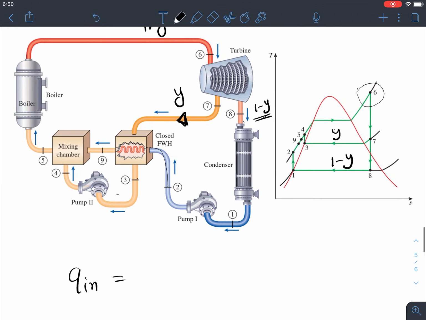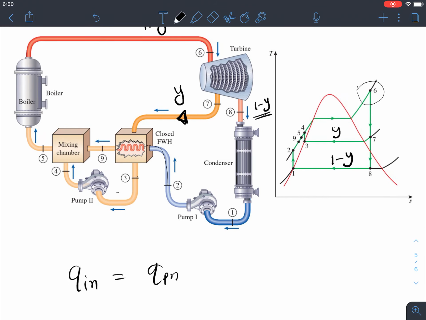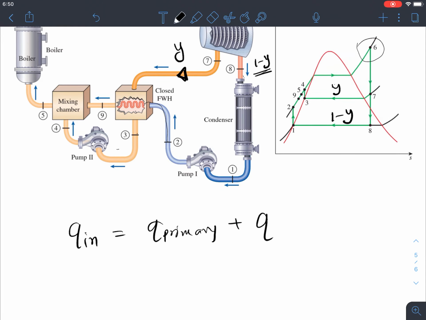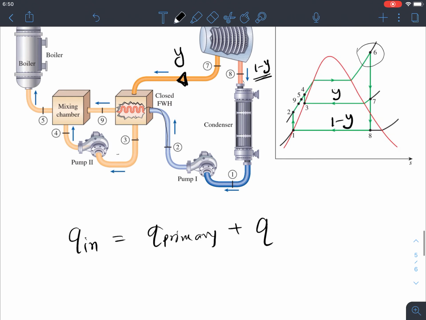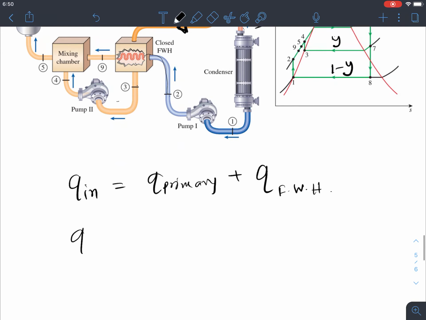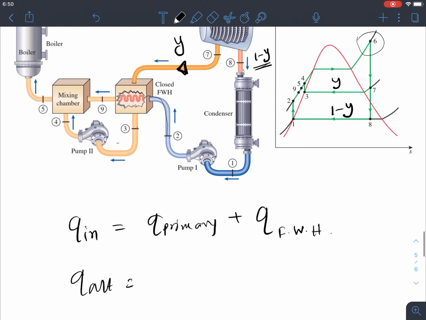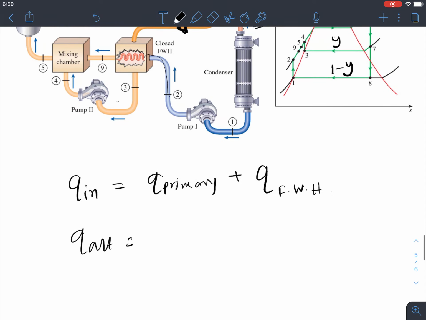One is the boiler, or the Q primary, and then another Q in is happening here, basically from 2 to 9, increasing the temperature in the closed feed water heater, right? And then Q out is simply happening in one place, which is the condenser, right?